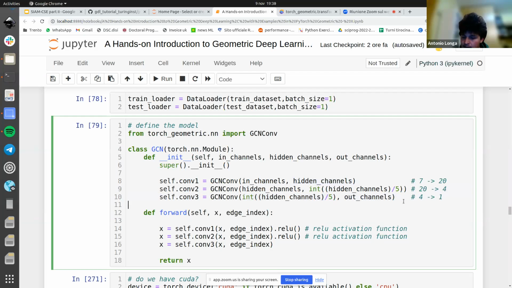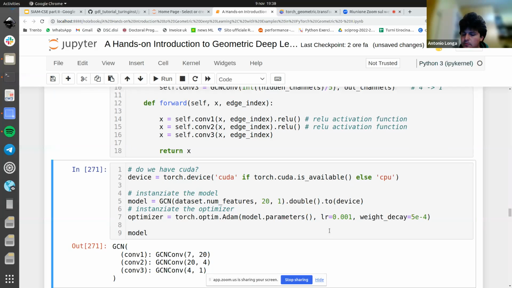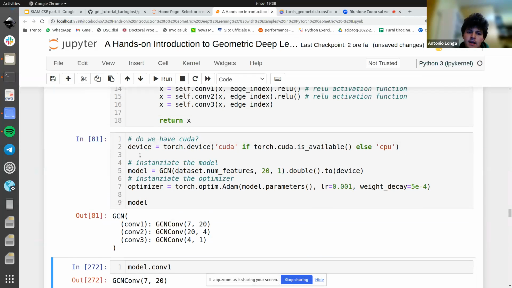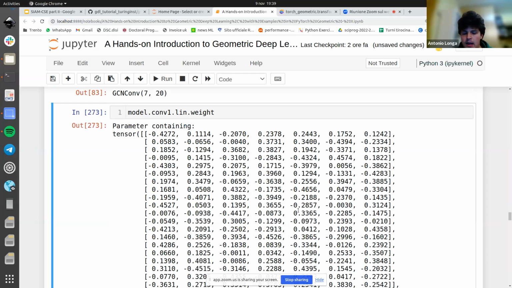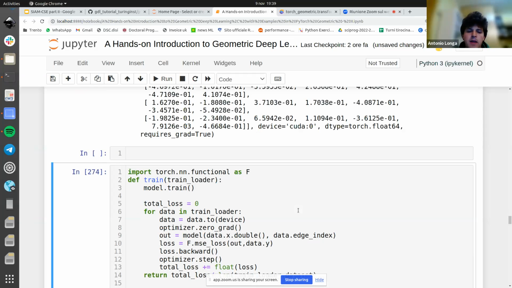Because we are in a regression setting, so what we would like to predict is not a class, but a specific value. Once again, my device is CUDA, instantiating my model and my optimizer. Here, I'm also using weight decay. Here you can access, as I showed you before, the weights. You can access all the information.